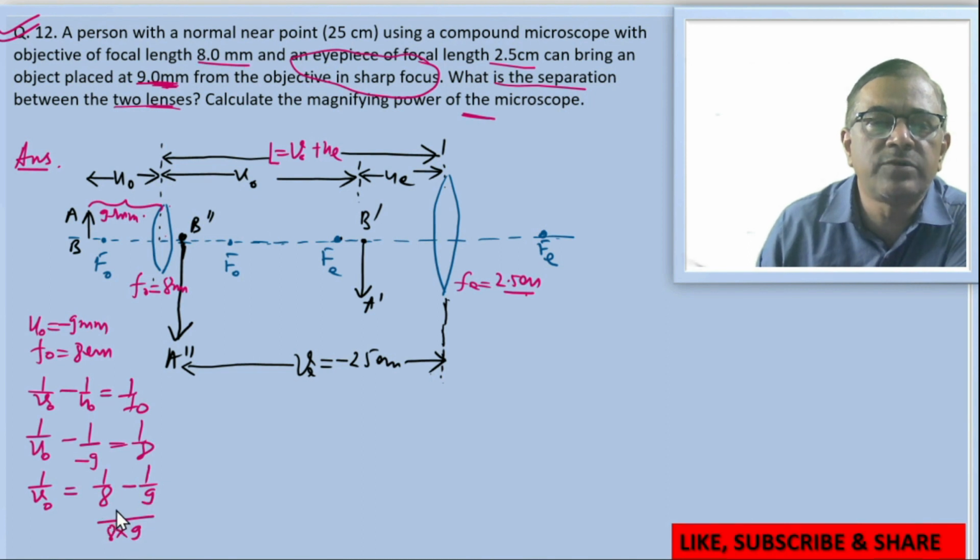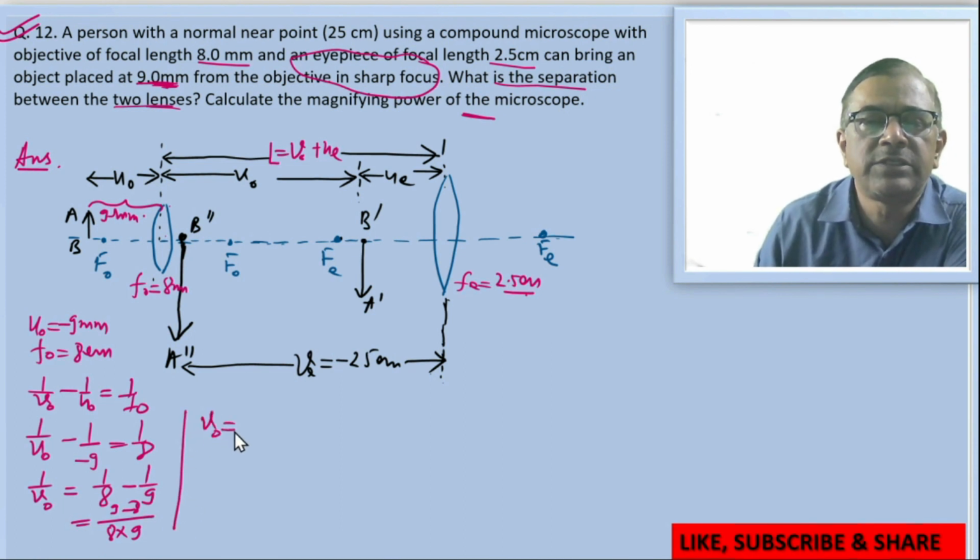So this should be equal to 9 minus 8 over 72, and this implies that VO is equal to 72 millimeter or 7.2 centimeter. Is that okay?